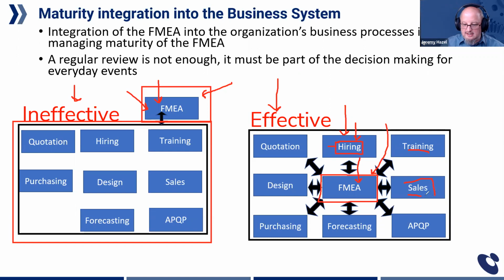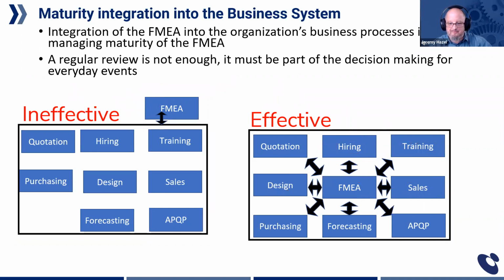When sales goes to consider a new offer, how do they go to the FMEA, take a look at the scrap value, see the scrap value is 6% historically, and then figure out the right accrual to bake into the contract? You go to each one of these processes, and in the documentation for these processes, you put in a consideration for the FMEA. That is how you do it. If these processes never ask, then it will never, ever come up.